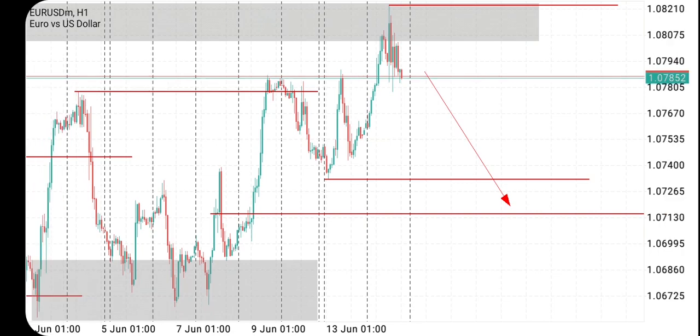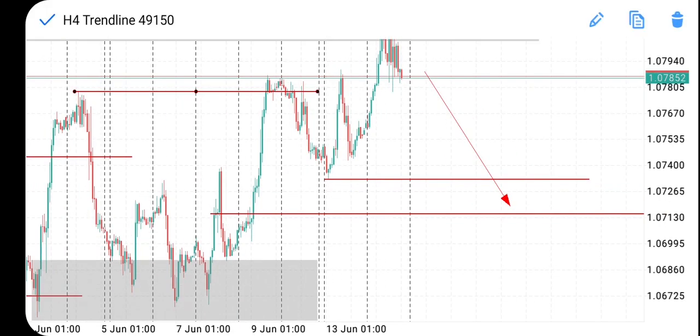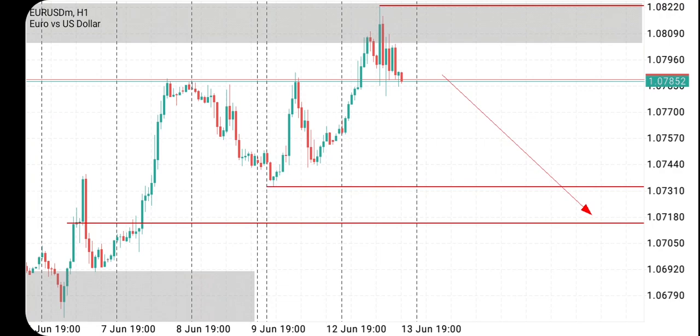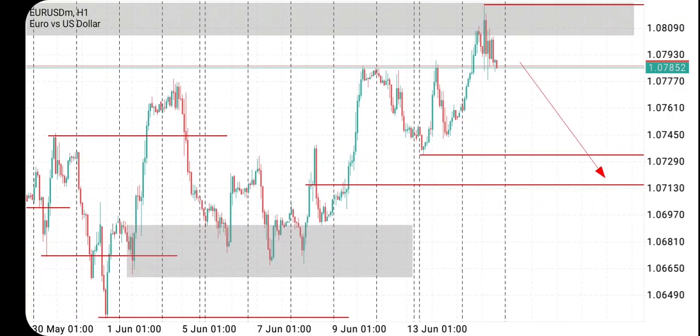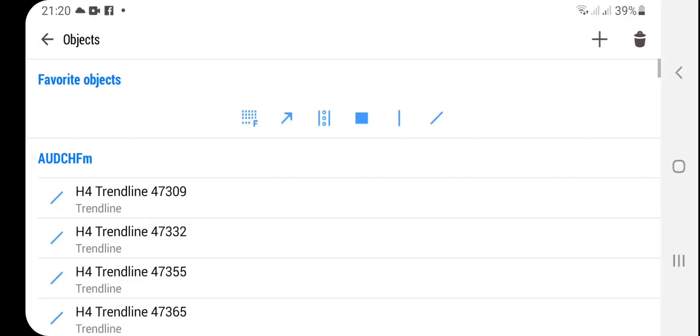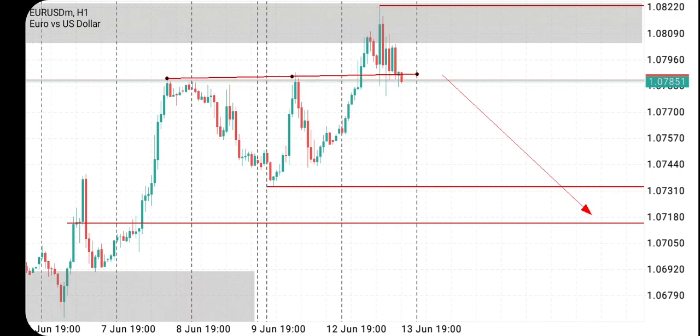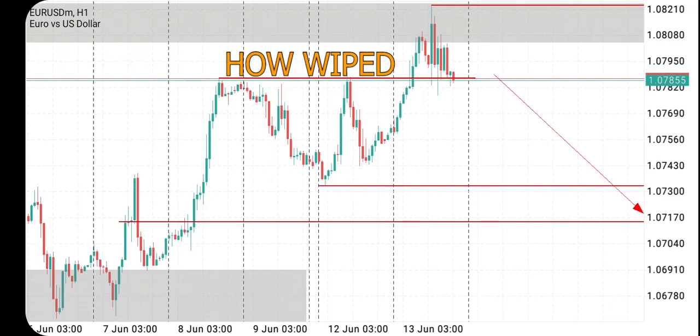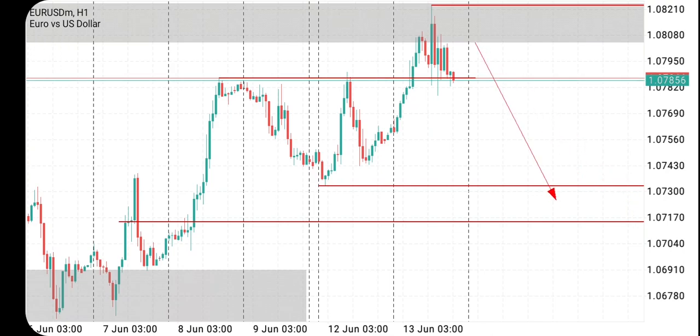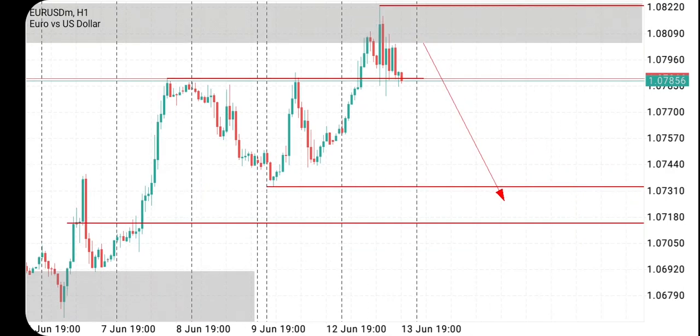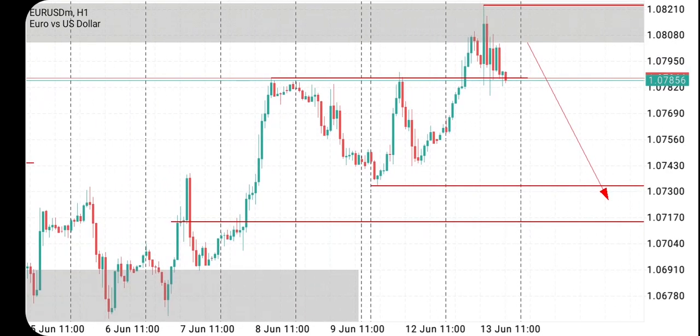It broke structure of the high of the previous week. Let me just mark it out so that you guys can see. So it broke structure, high of the week wiped. So it broke structure of the previous week and it hit the daily, that gray zone, the daily order block.